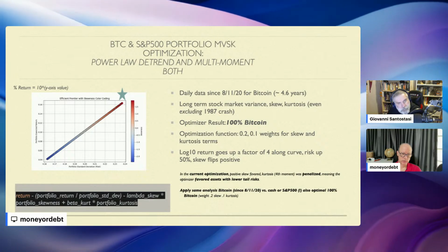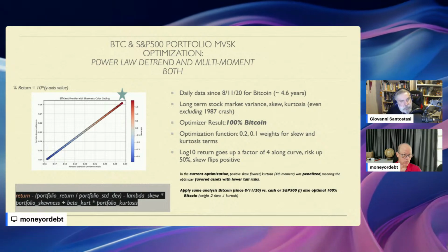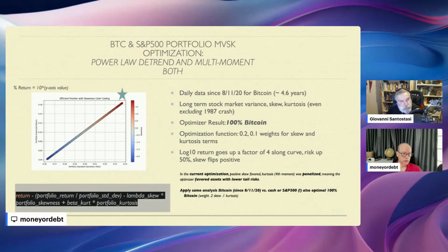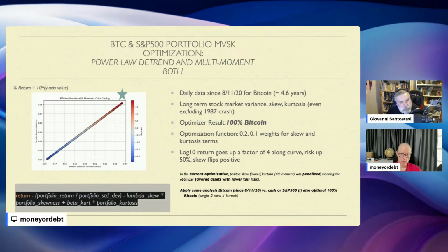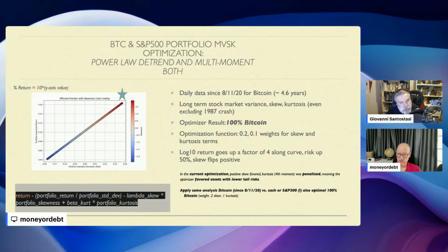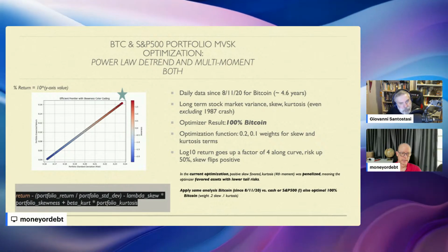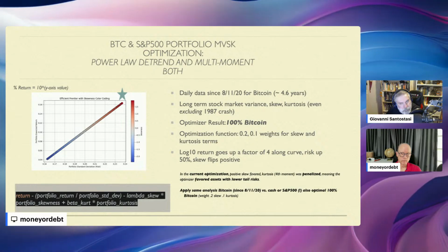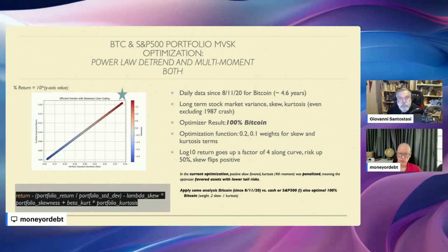So the log 10 return goes up by a factor of 4 along the curve, and the risk is up about 50% because the standard deviation has gone from 0.16 to 0.24. And the skew is color coded here.